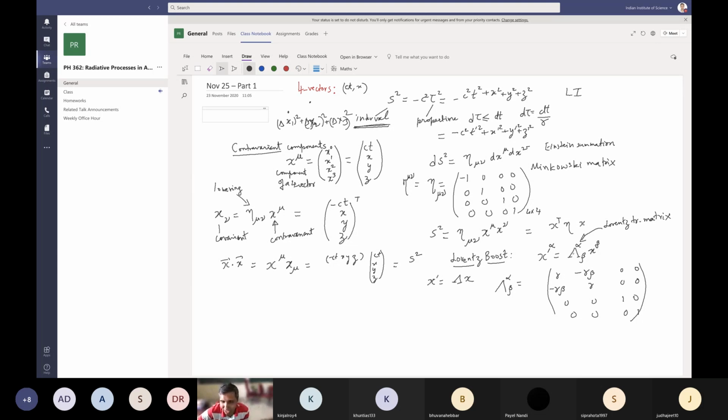You can also consider translation, rotation, all those that preserve this interval will be good transformations which satisfy the postulates of special relativity.